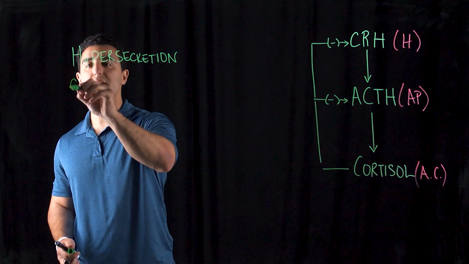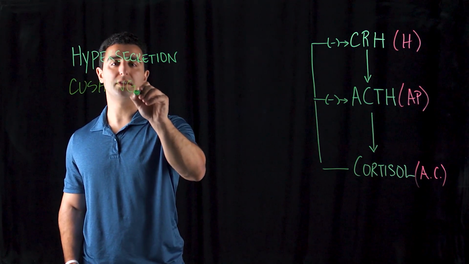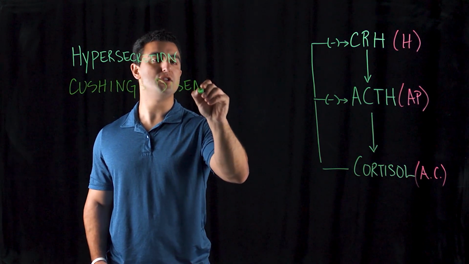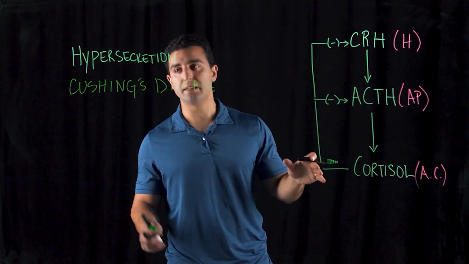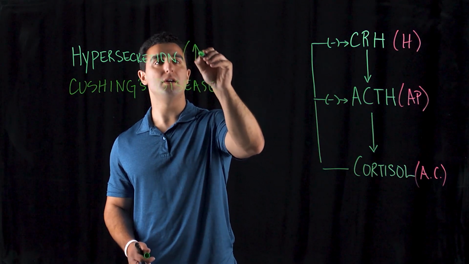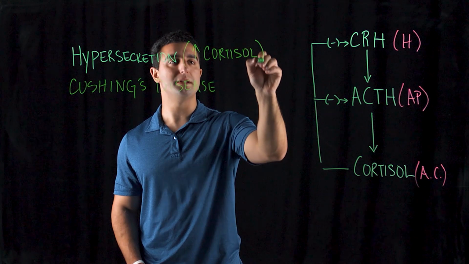So Cushing's disease can be a result of multiple things. Again, the end goal of Cushing's disease is increased level of cortisol in your body. So you have excessive cortisol being secreted.